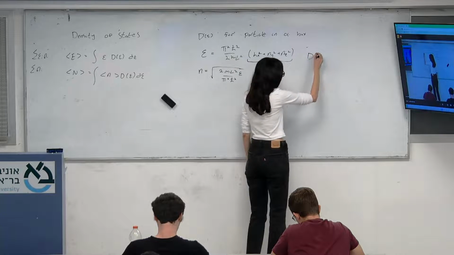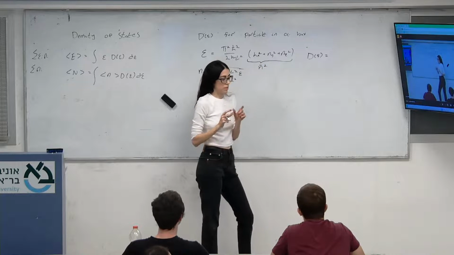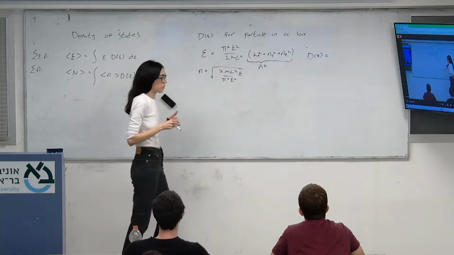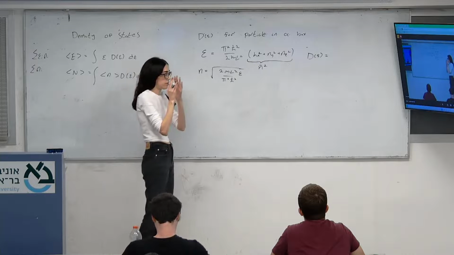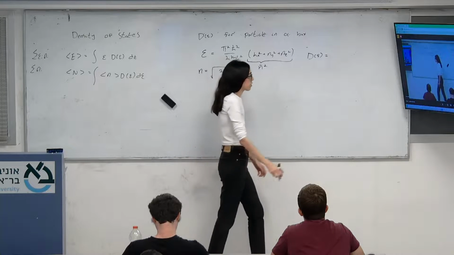So the density of states is basically the number of states in an infinitesimal range of epsilon.